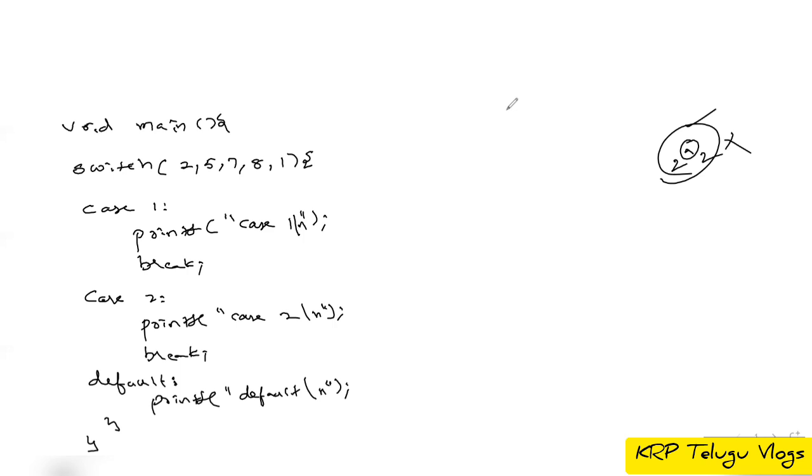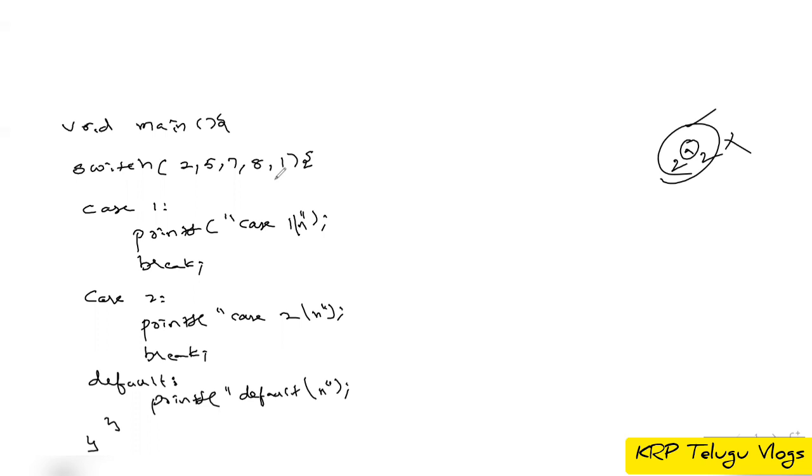Okay. So where will it go? I have already told you. If you give it like this, 2, 5, 7, 8, 1, what will happen? Which has the highest priority here? Brackets, sir.